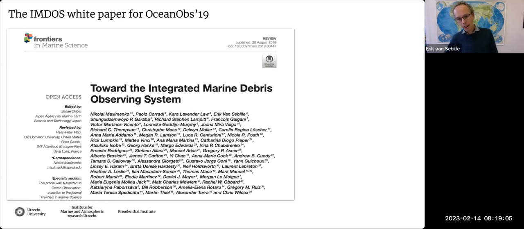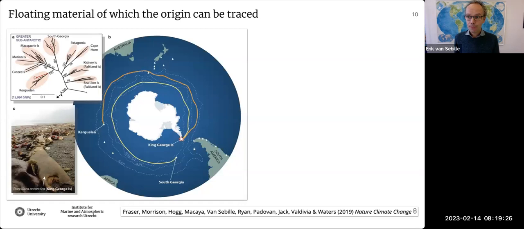We can do it for other floating material, though. And one of the most exciting interdisciplinary works that I've been involved with in the past few years is actually the quest for finding the source of another type of floating material. And that is kelp, large seaweed, bull kelp, that was found on the tip of the Antarctic Peninsula, on King George Island here.